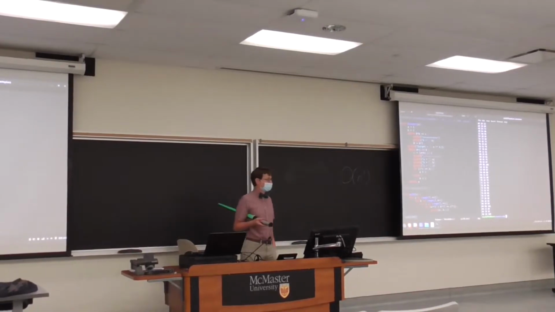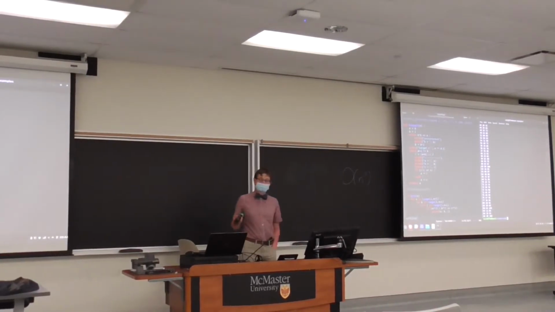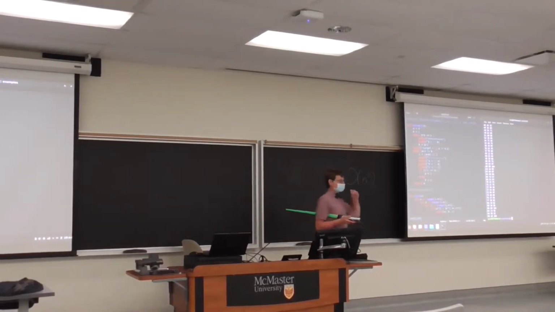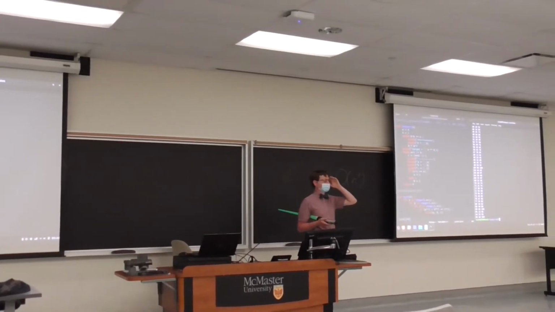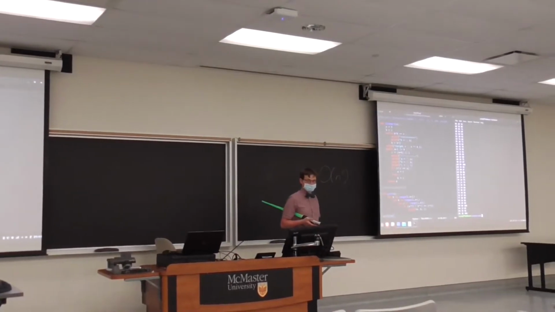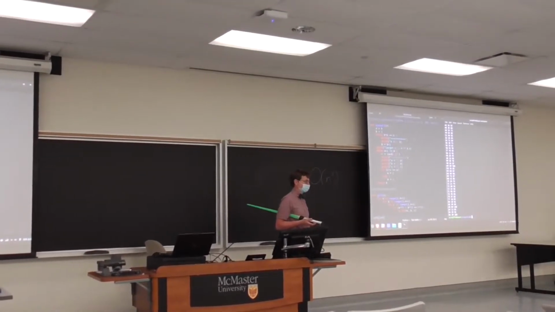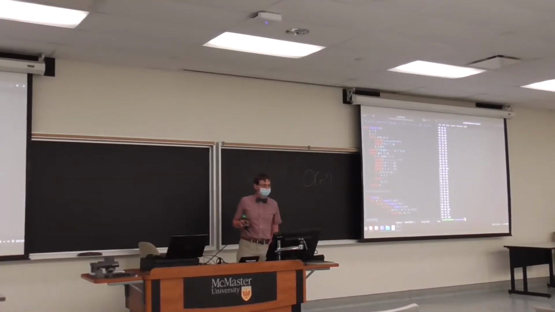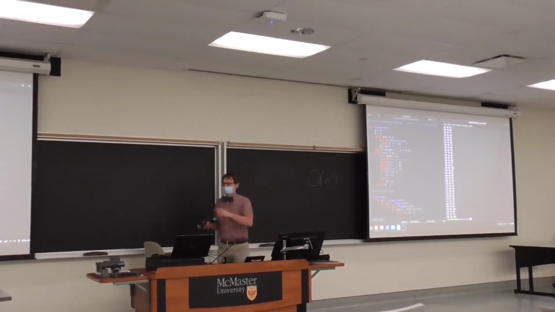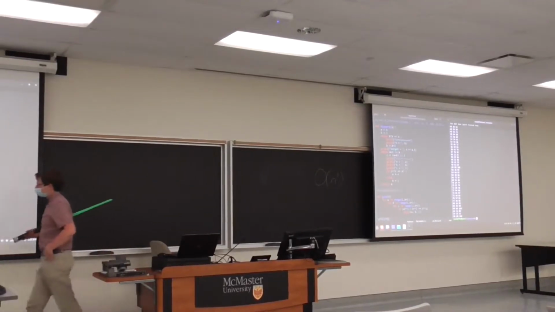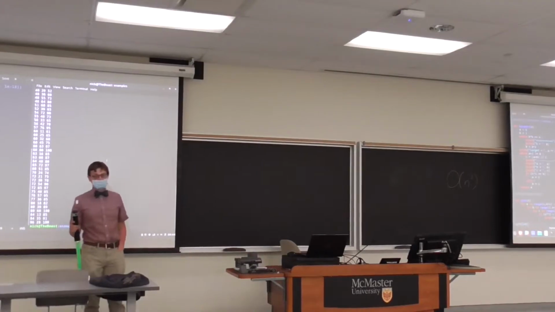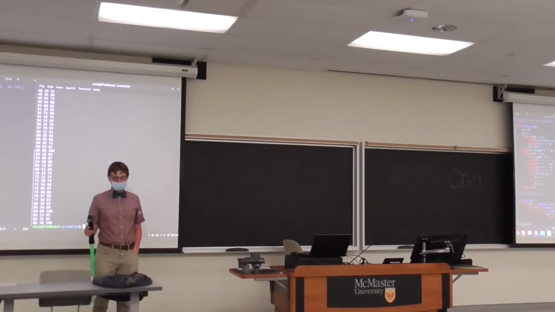Does anybody have any idea of any type of optimization we might be able to perform on this? Just shout your ideas out. There's no such thing as a wrong answer. Recursion? Well, recursion is not necessarily faster than loops, right?